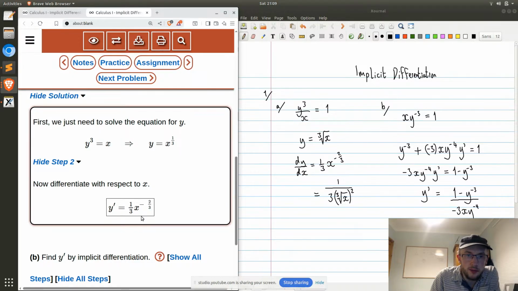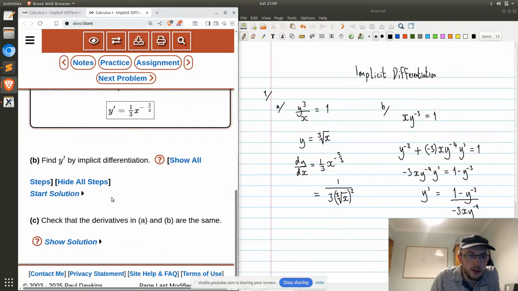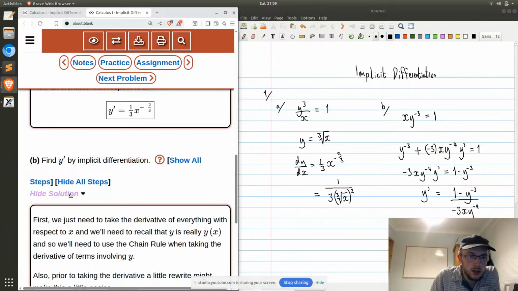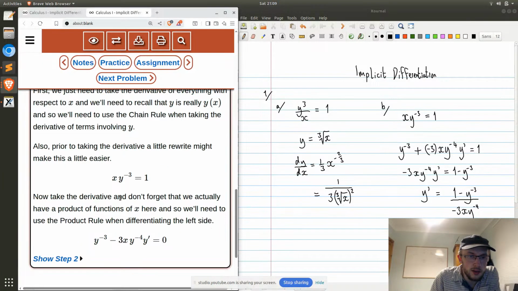Okay, so that's straightforward and that was done correctly. And now just start the solution for this one. Okay, so they agree with us regarding that. Of course, you differentiate both sides, don't you?